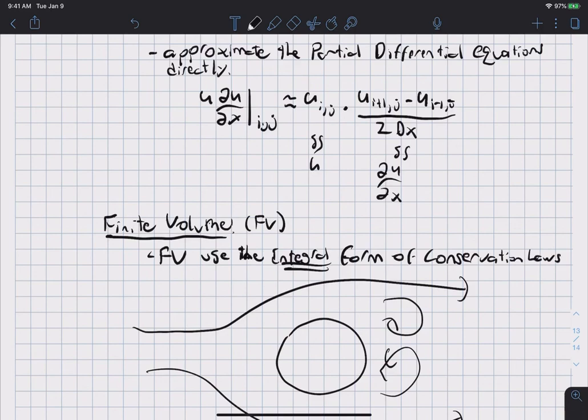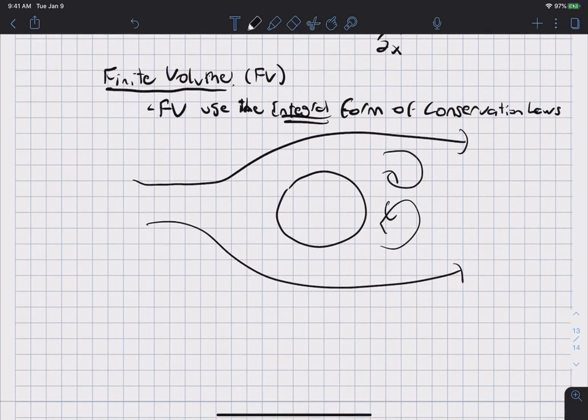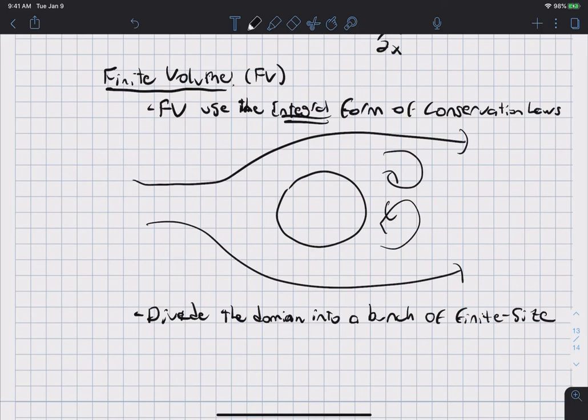Okay, and so what you do here for finite volume, instead of dividing the domain into a bunch of points, is you divide the domain into a bunch of finite sized control volumes.